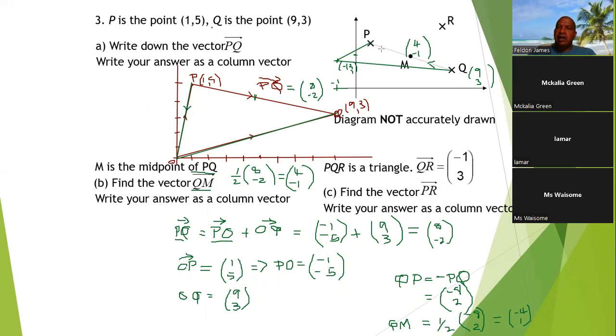So what the reader wants here is this line going from P to R, because this point here would be R. So if you're going from Q to R, this coordinate here is -1, 3. Now you're going from P to Q, but the coordinates at P would be 1 and 5, right?